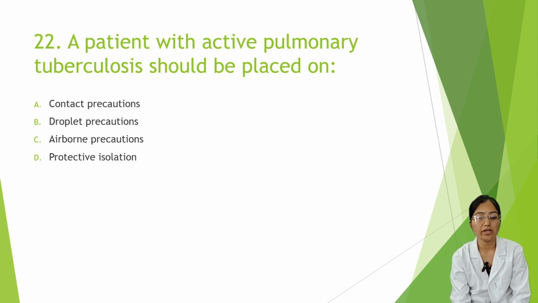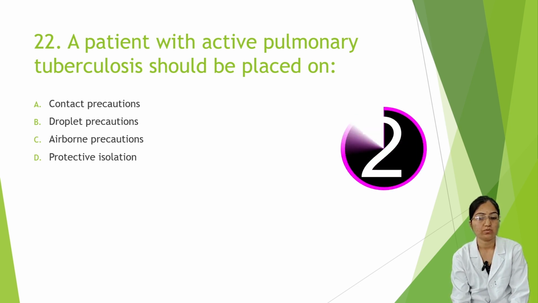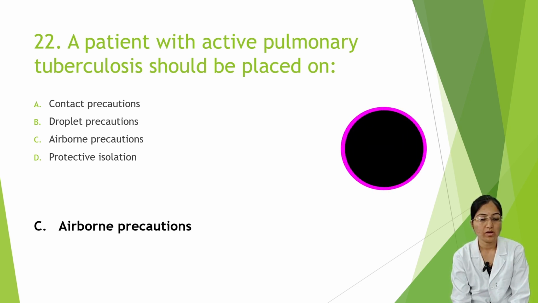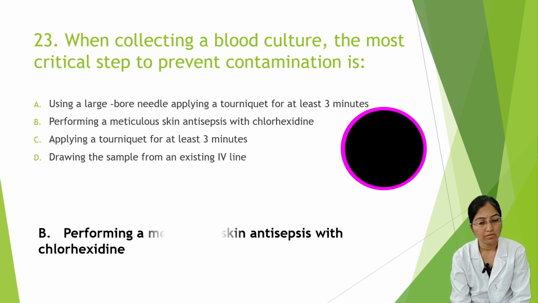Next question. A patient with active pulmonary tuberculosis should be placed on airborne precautions. Next question. When collecting a blood culture, the most critical step to prevent contamination is performing a meticulous skin antisepsis with chlorhexidine.